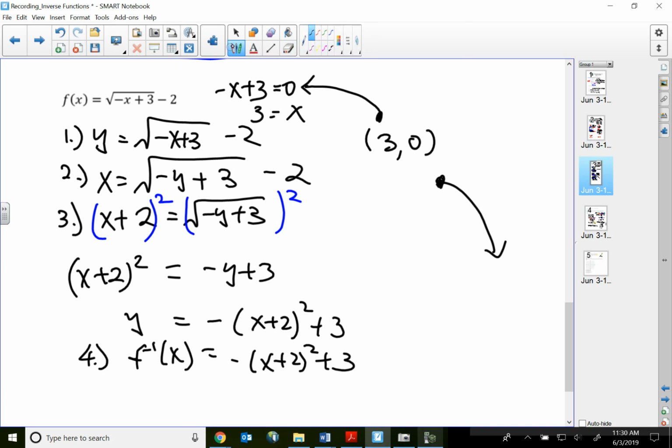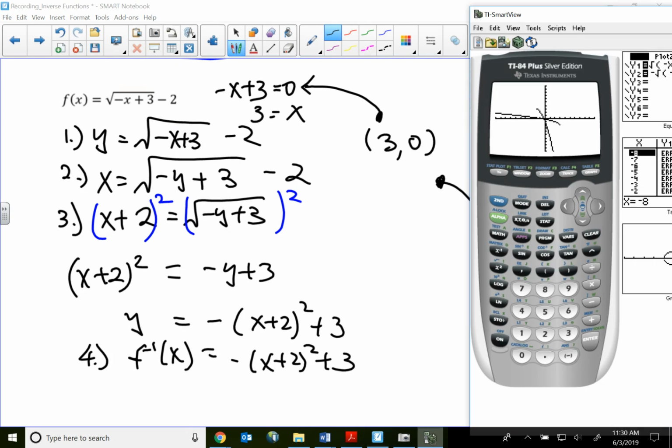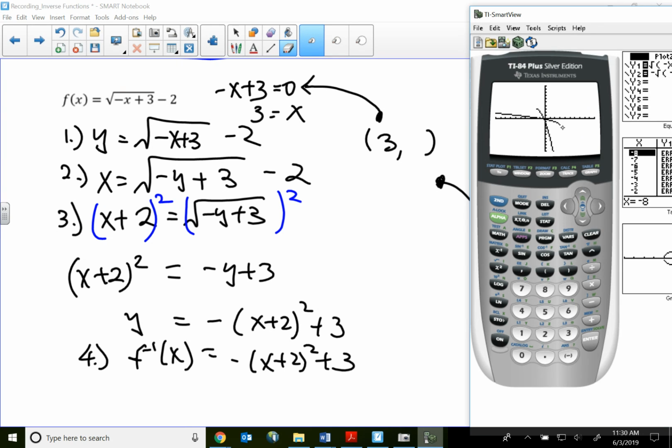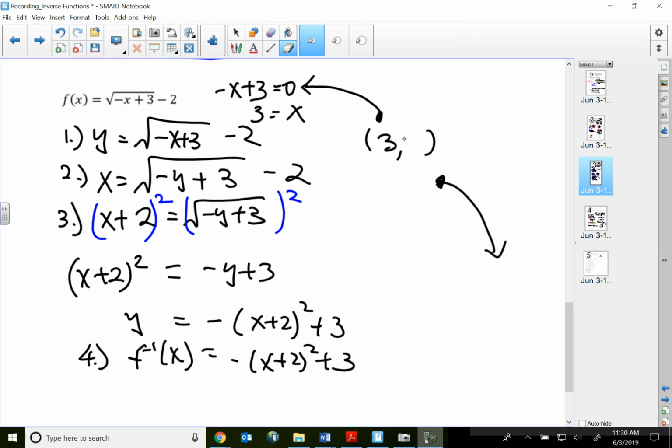The reason is inverse functions interchange the x and y variable. This point that you're looking at up here is, sorry, I was wrong, not 0, 3. It's actually 3, -2. This is my endpoint. Left to right it ends at 3, but the y value is -2. So when I interchange the x and y variable, that's -2, 3.